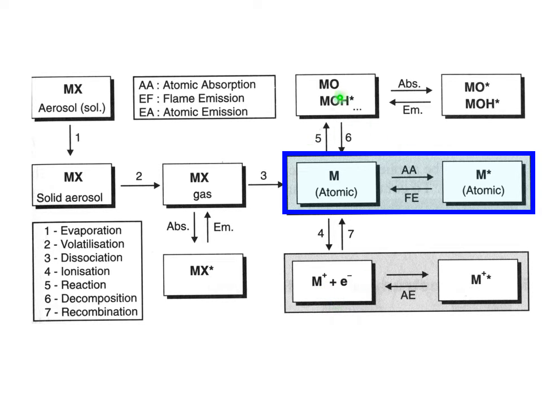What can be done to avoid formation of molecules? You need to increase temperature. If you have very high temperature, then all molecules will decompose into atoms. Unfortunately, the same increase of temperature will result in higher ionization of our sodium. So we need to balance these processes.